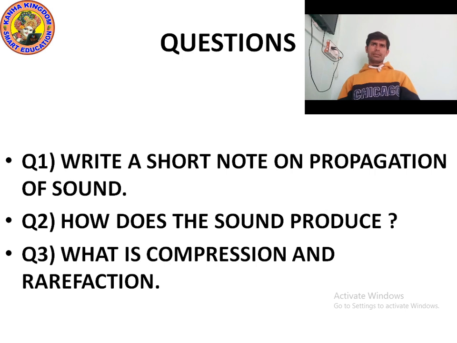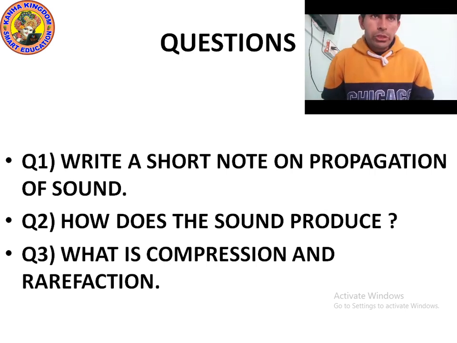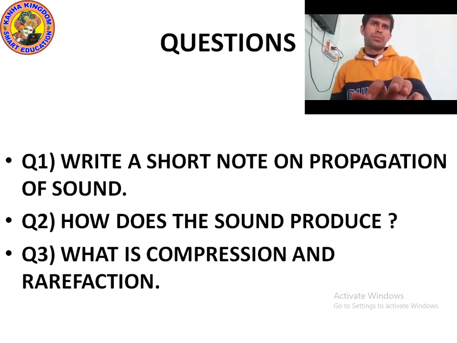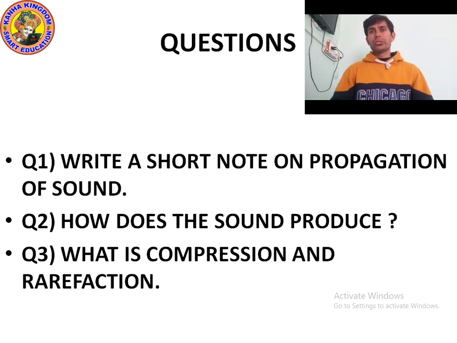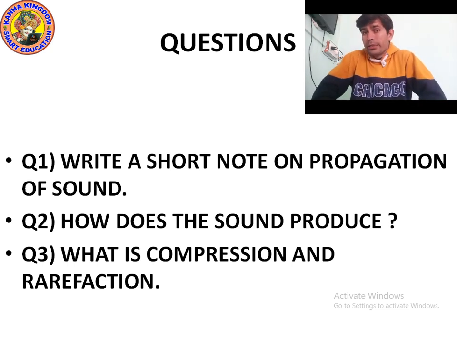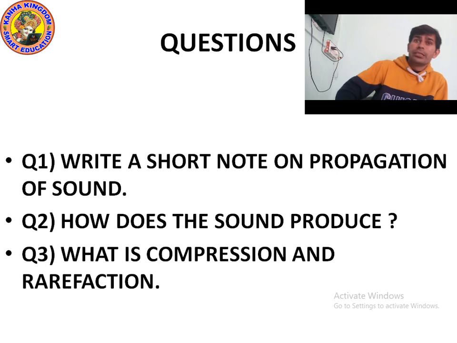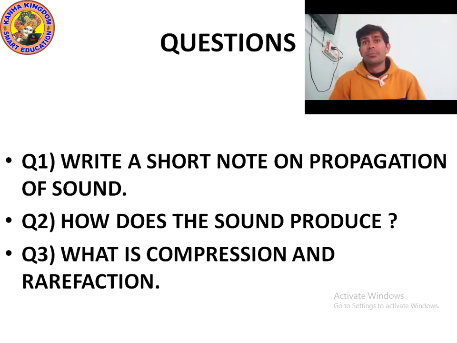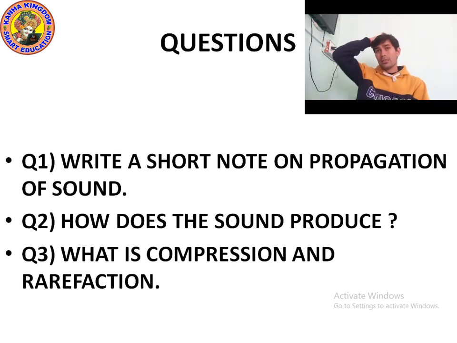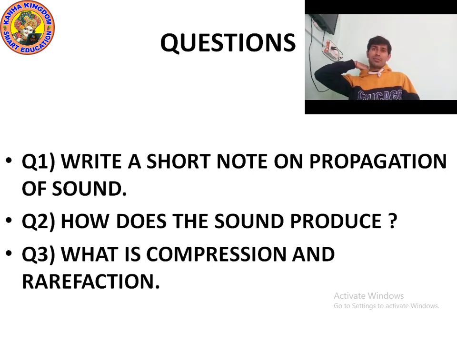It's time to ask questions. Question number 1: write a short note on propagation of sound. The sound produced by a vibrating object travels through a medium to a listener. The medium can be solid, liquid, or gas. When an object vibrates, the particles of the medium around it vibrate. The particle in contact with the vibrating object is first displaced from its equilibrium position.